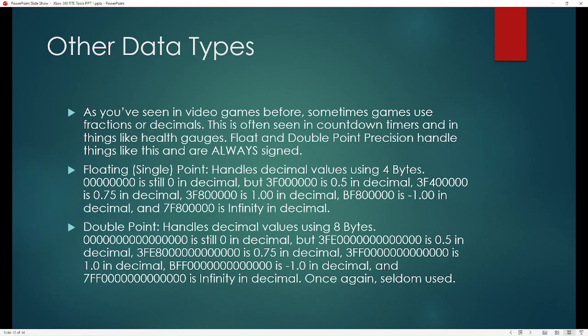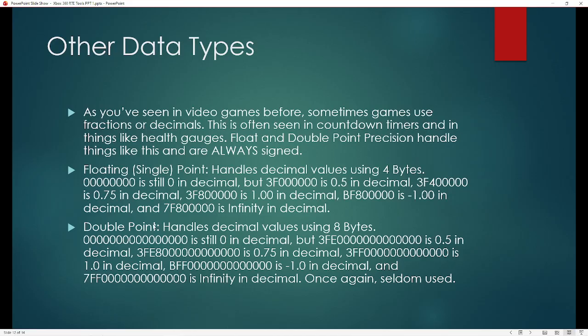Floating point handles decimal values using 4 bytes. All zeros is still 0. 3F is 0.5. 3F4 is 0.75. 3F8 is 1. BF8 is -1. 7F8 is infinity.